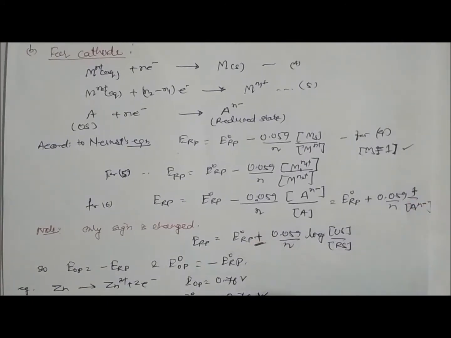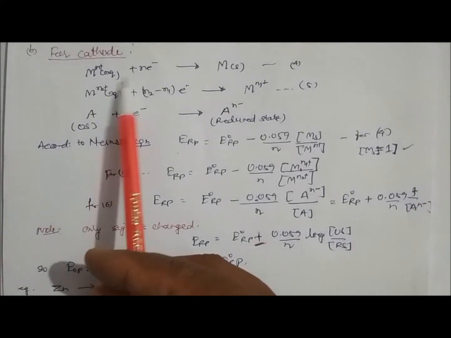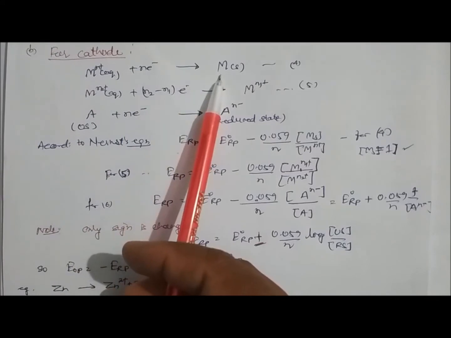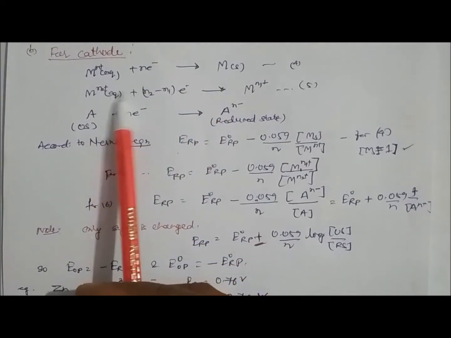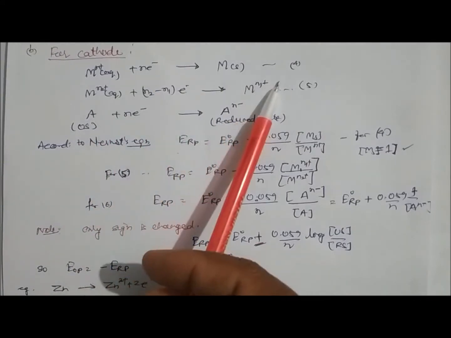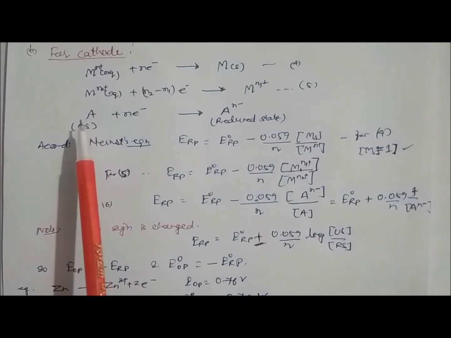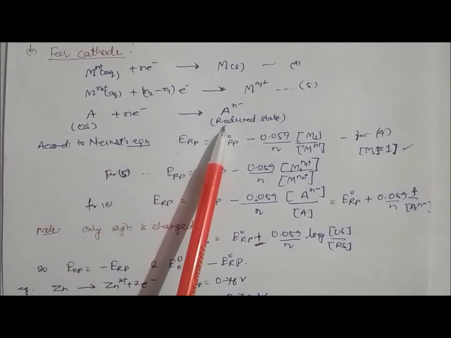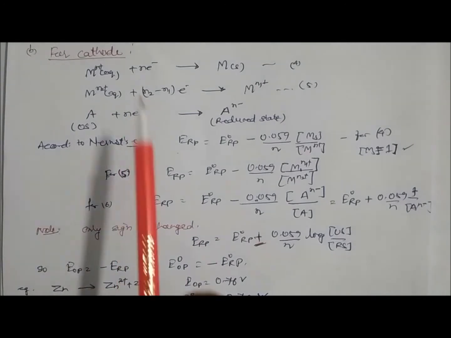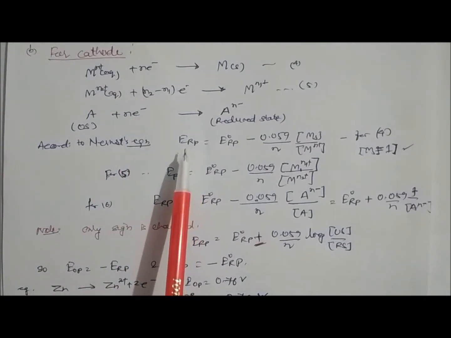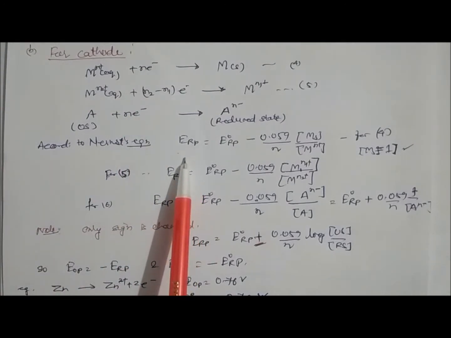Similarly for the cathode, you can see Mn plus is getting electrons and forming M. Similarly, Mn2 plus is getting electrons and forming Mn plus, and A, which is in the oxidized state, is again converted into the reduced state. So by using the same expressions, here we will use ERP like the previous one.